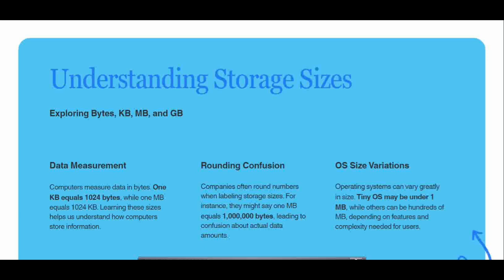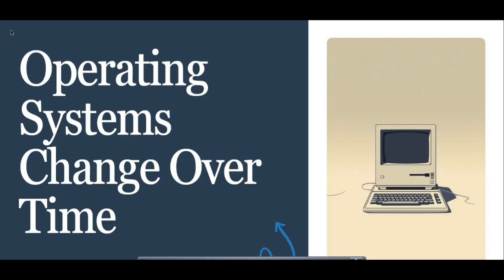But companies like round numbers because they look bigger, so they say 1 MB is equal to 10 lakh bytes. This causes confusion, but both are commonly used. There are different types of operating systems. Some are tiny, some are huge, and the size depends upon the features, purpose, and the target use.